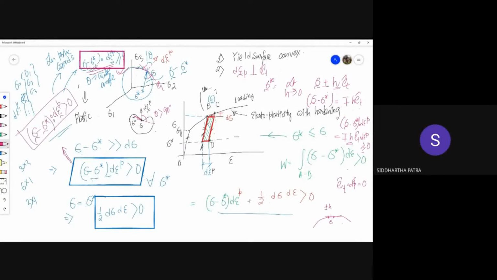But even if sigma star is not sigma, but it is close to sigma, then also we can show that the only way that would be possible is when d epsilon p is normal to the surface. Okay, so the point is the plastic strain increment for a given stress is normal to the yield surface.